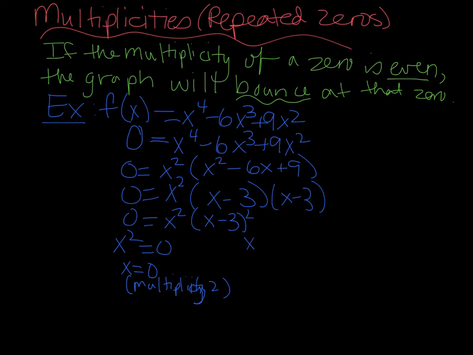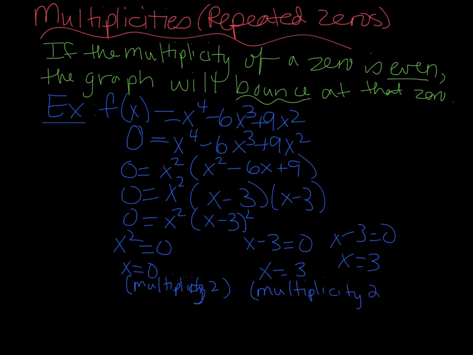The other one I have is x minus 3 equals 0. If you want, you can work this out twice, although you don't really need to do that. It's kind of like extra work. When you do that, you get x equals 3 and x equals 3. So rather than writing down x equals 3 twice, we're going to write that our 0 is x equals 3 with a multiplicity of 2.